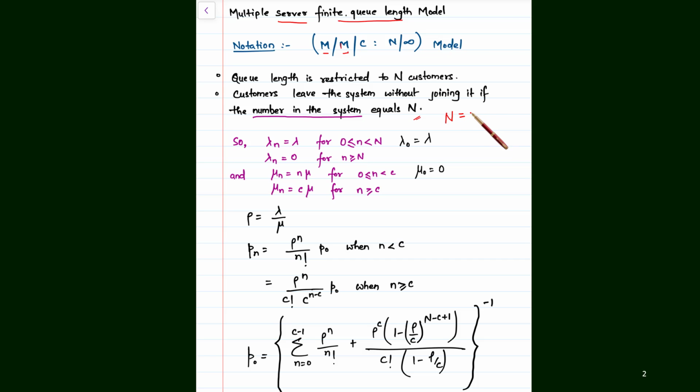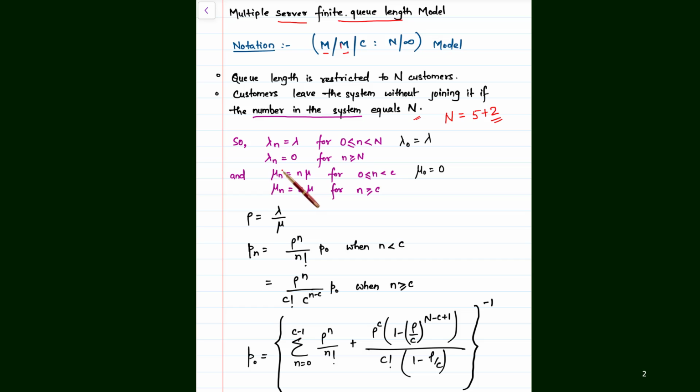Let's suppose there are 5 people in the queue, so N will be 5 plus 2, because 2 is the number of computers. So already 2 are sitting there and 5 are in the waiting line, so total N is equal to 7. Clear?